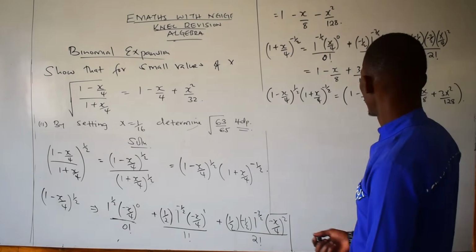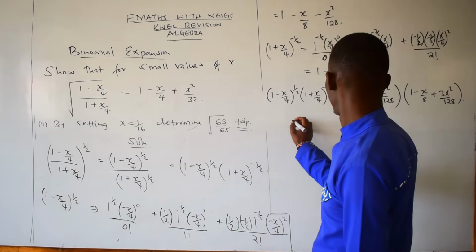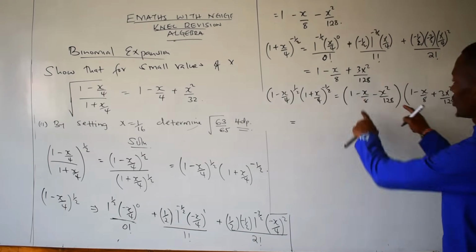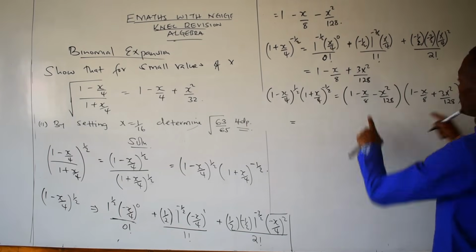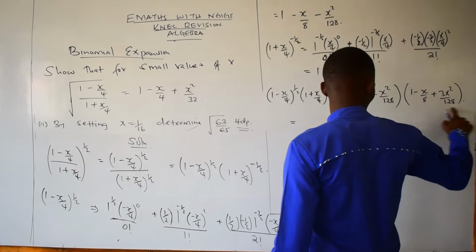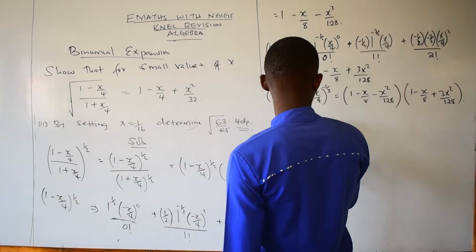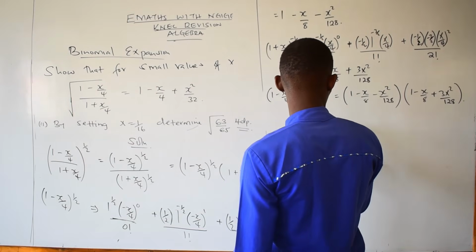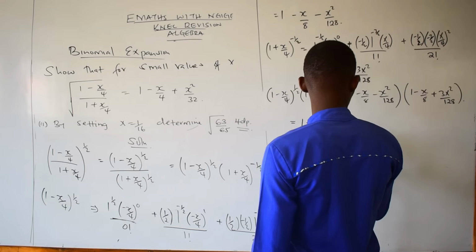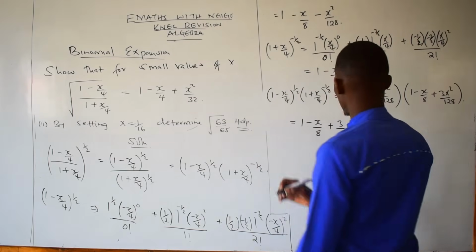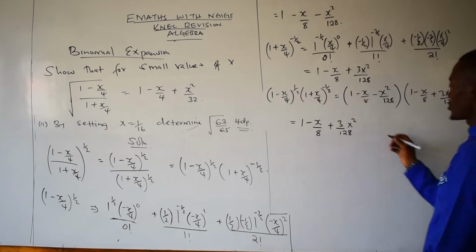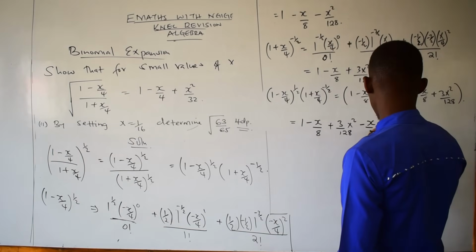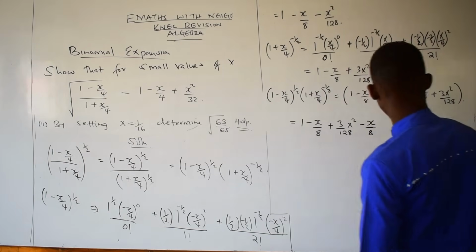So now opening up the brackets, we have 1 opens up all this expression here. So we shall have 1 times the whole of this gives you 1 minus x over 8 plus 3 over 128x squared. Then you come to the second term, again it opens up the whole of this. So negative x over 8 times 1 gives you negative x over 8.